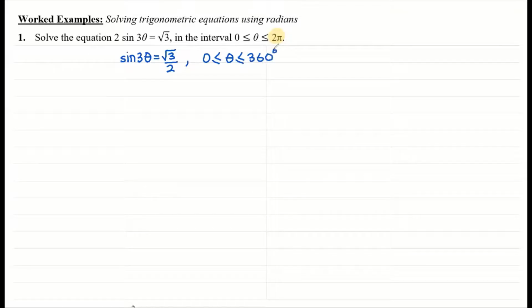Now, this is where we have to err on the side of caution. Suppose you're doing this in an exam. You could do all the work, it's all perfect, and then you get to the last step and you don't give any of the correct answers because you've done it in degrees rather than radians.